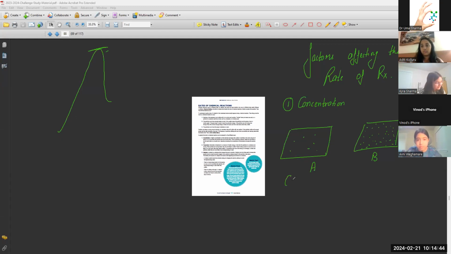Can I write this down? High concentration means the number of collisions is high. If the number of collisions is high, the rate of reaction is high. But is this concentration changing the energy?